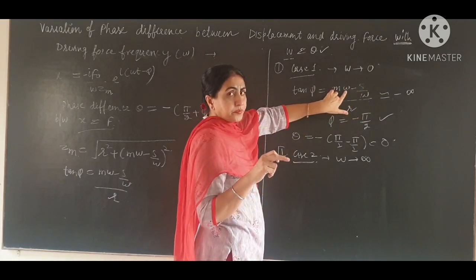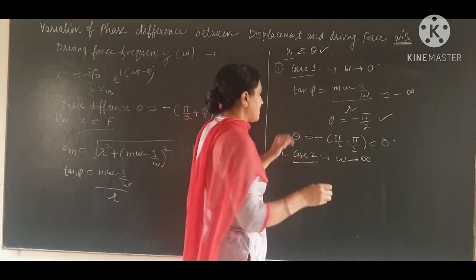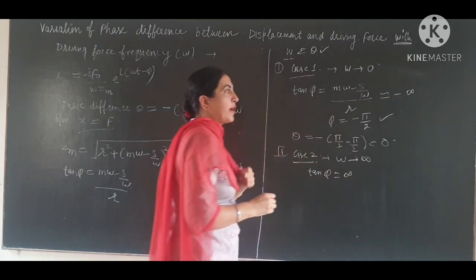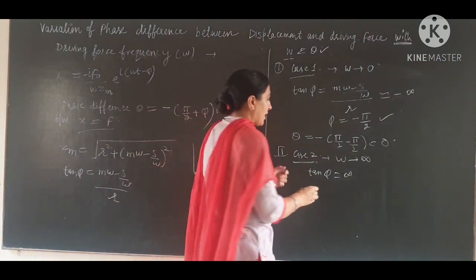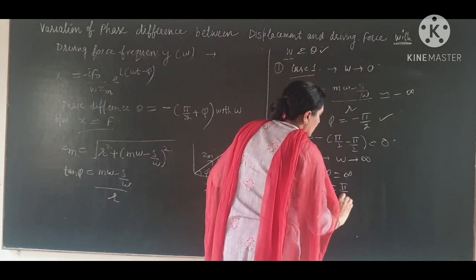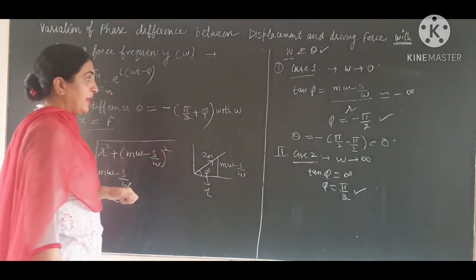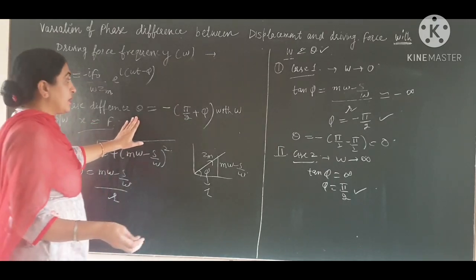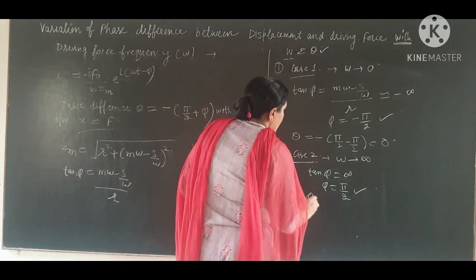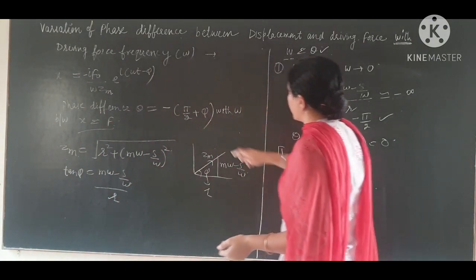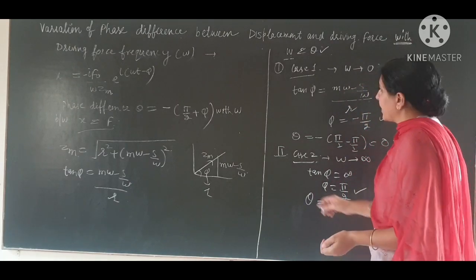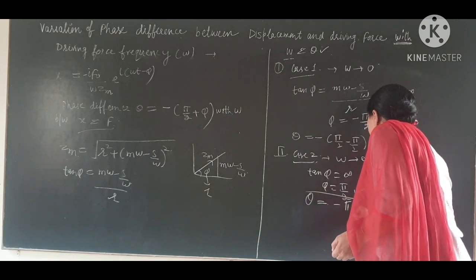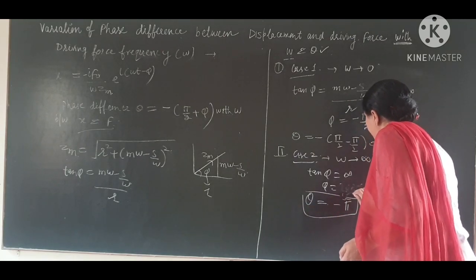So m omega, m into infinity, makes tan phi infinity. When tan phi is infinity, phi is pi by 2. When phi is pi by 2, what about theta? Put pi by 2 here. What do you get? Minus pi by 2 minus pi by 2, it is minus pi. So it is minus pi here. This is pi by 2, this is pi.